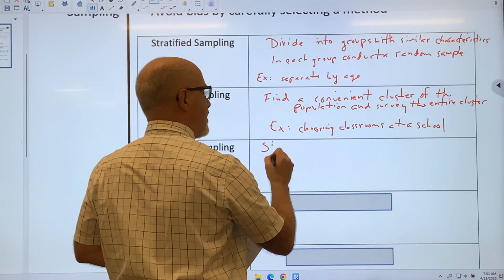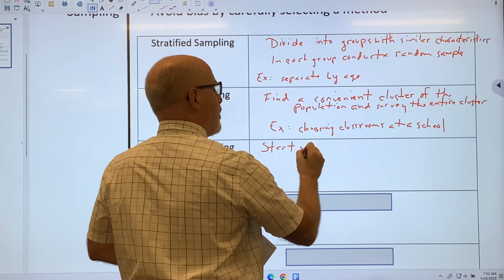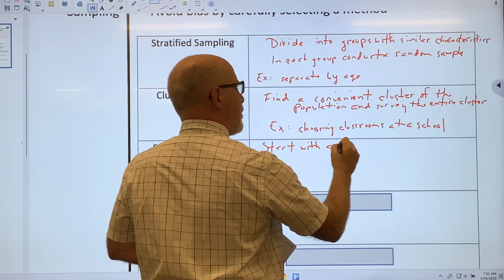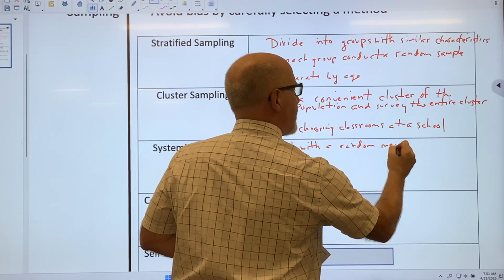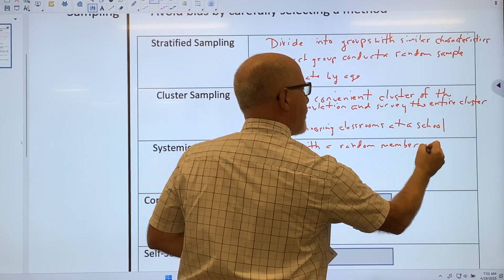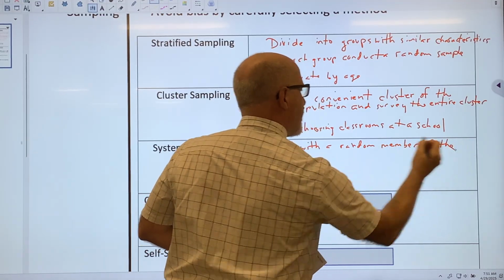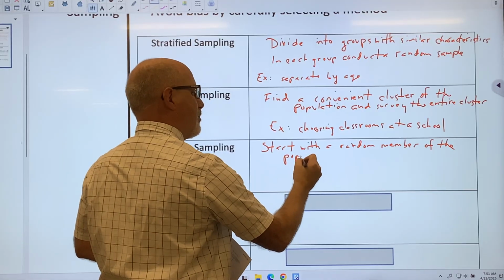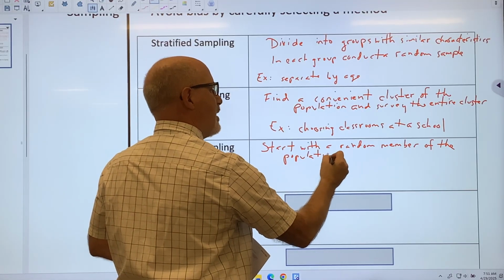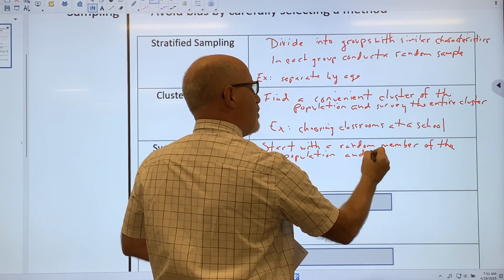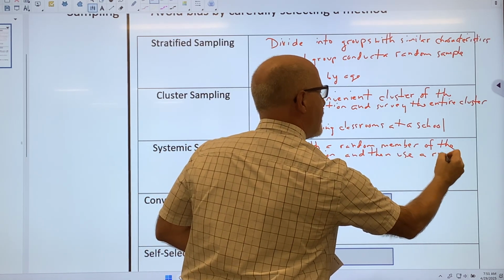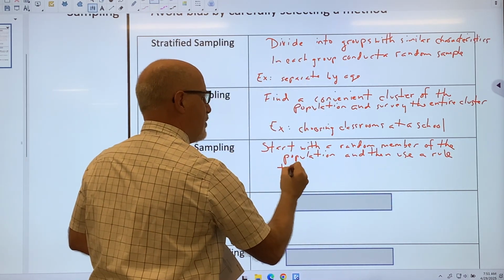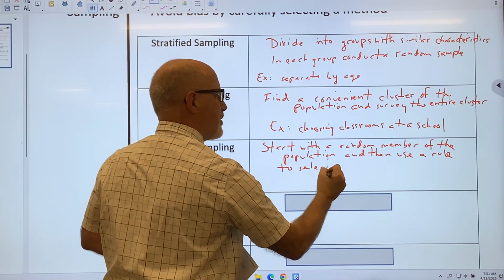So start with a random member of the population and then use a rule to select more members.